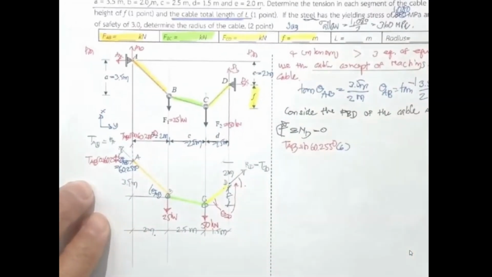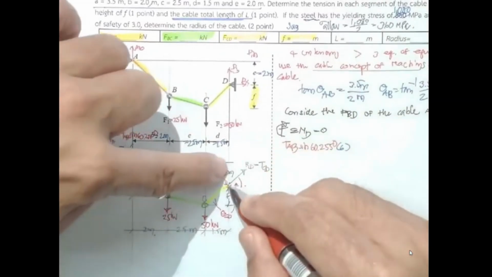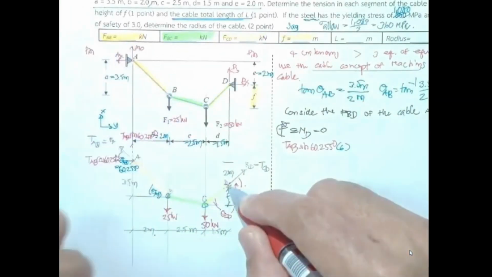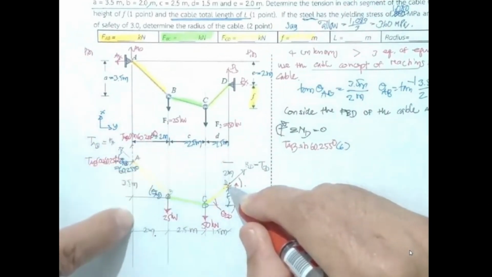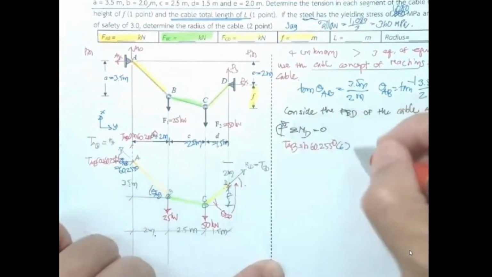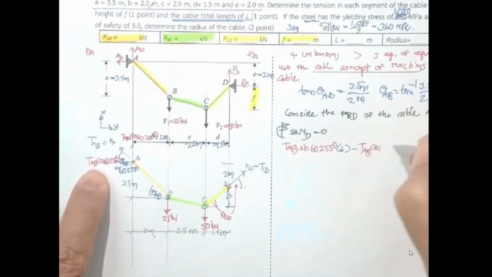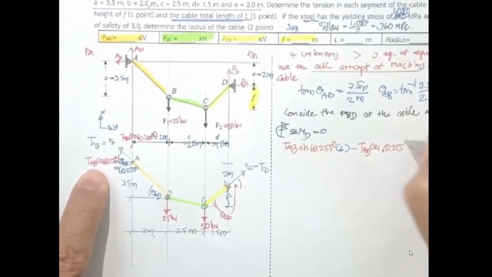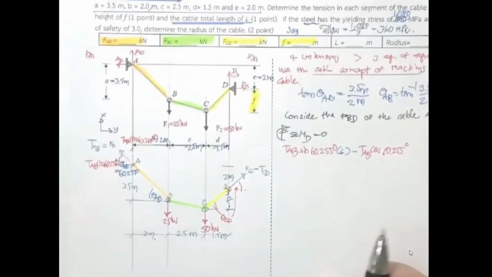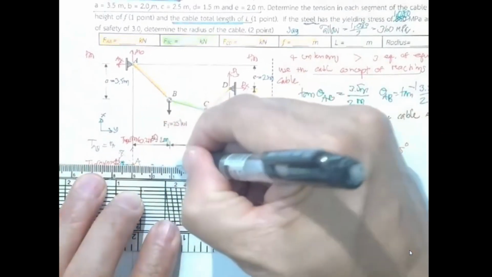Okay. Now you do again the moment about point D. T cosine theta is going to rotate about D in the opposite direction. Okay, this one will rotate in this counterclockwise direction, minus T sub AB cosine 60.255 degree. The line of action of this one is going to be on this line, and the eccentricity is 2.